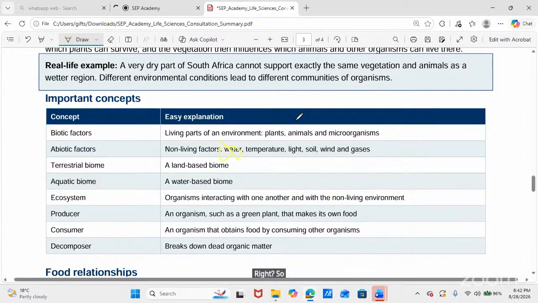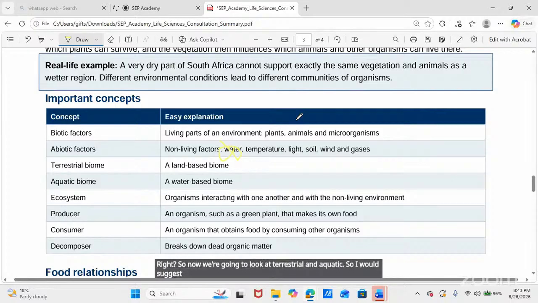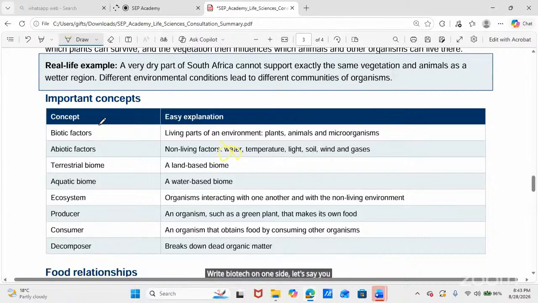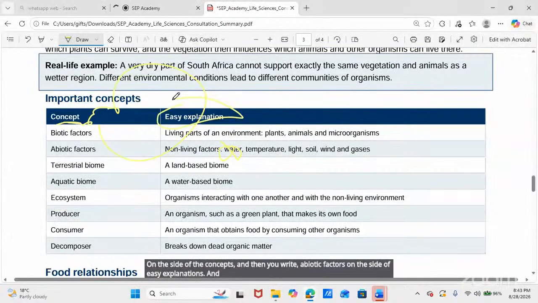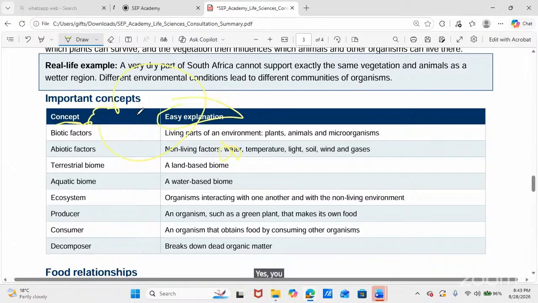So now we're going to look at terrestrial and aquatic. I would suggest that when writing these things down and taking notes, for each part, make a table, and then write biotic on one side of the concepts, and abiotic factors on the other side.